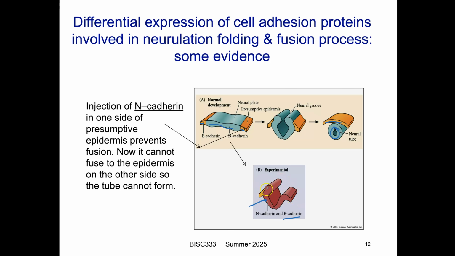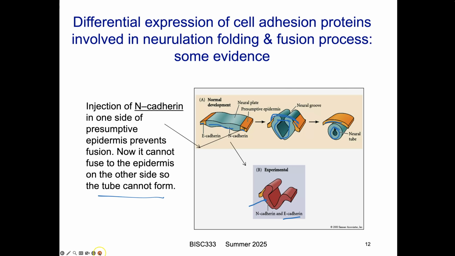And so it's necessary that this tissue be expressing a different cadherin than this in order for these two parts to meet and bind to each other. And it's important that just one cadherin, the same one, be expressed in all of these cells in order to close this tube. So both the closure of the tube and then the fusion of the overlying epidermis requires that these two cell types are expressing different cadherins, right?